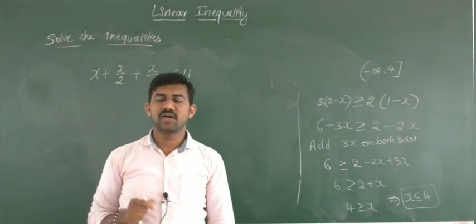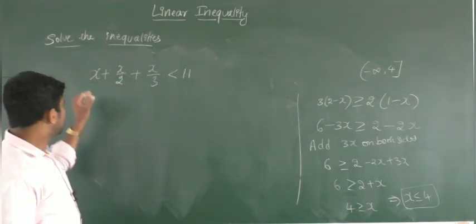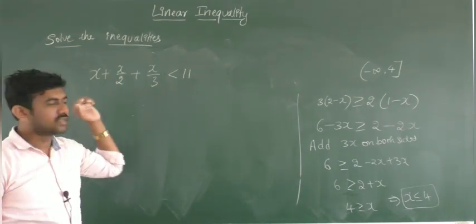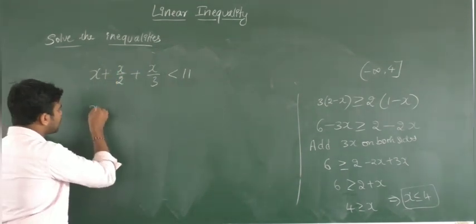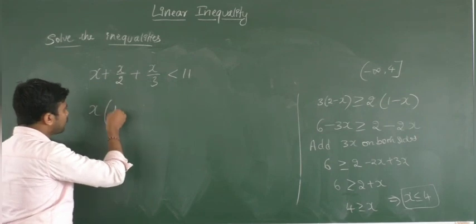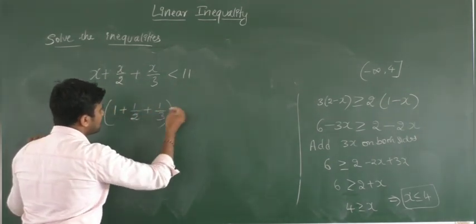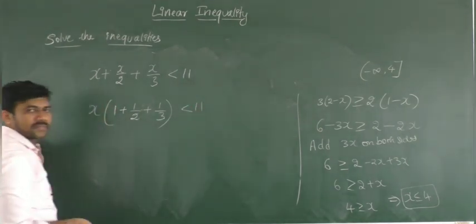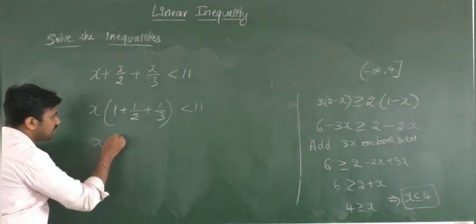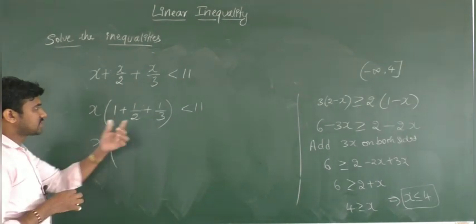In this case, how can we solve? You can observe that in each term you have x, so we can take x common. It remains 1 plus half plus 1 by 3 less than 11. Now take the LCM inside the bracket. 6 is the LCM.